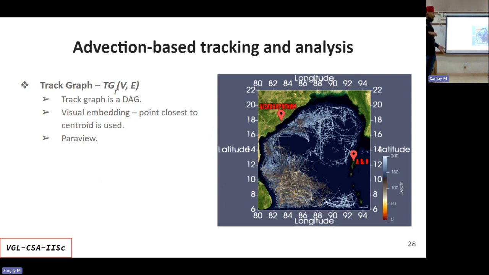The visualization is done in ParaView again, and we see something interesting: the track graph given by just advection is very similar to what we had earlier, which was the general movement of the high salinity core.